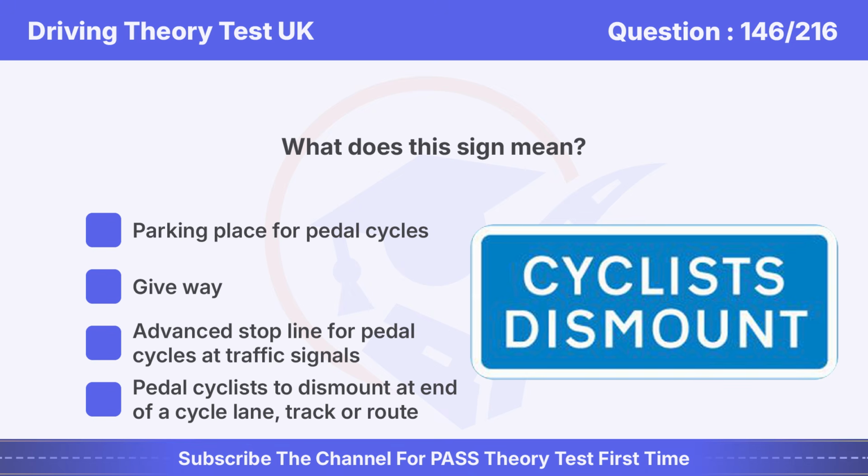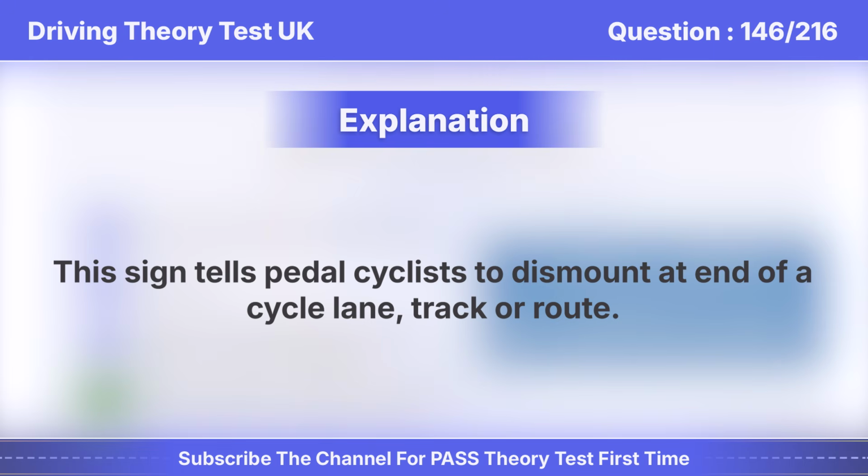Question 146. What does this sign mean? Answer is D. Pedal cyclists to dismount at end of a cycle lane, track, or route. This sign tells pedal cyclists to dismount at end of a cycle lane, track, or route.